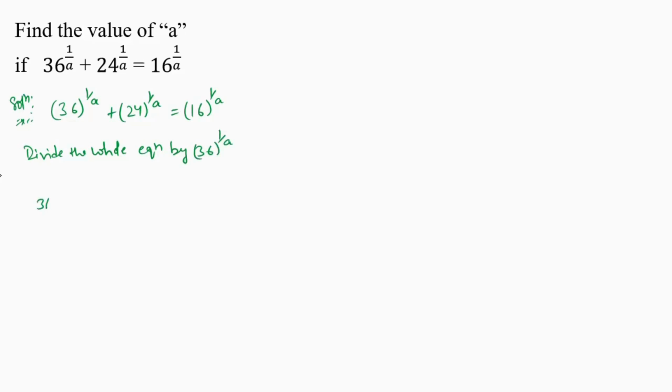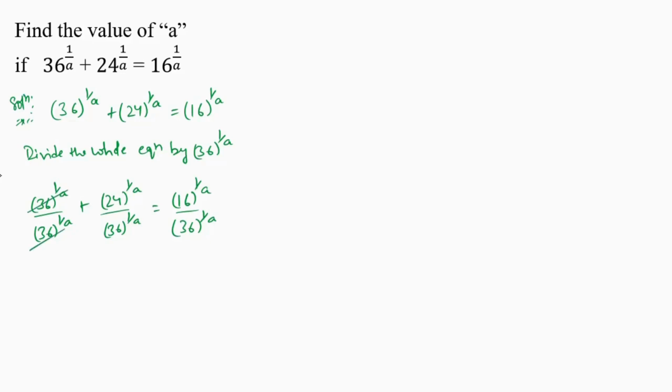So we get 36 raised to power 1 by a divided by 36 raised to power 1 by a plus 24 raised to power 1 by a divided by 36 raised to power 1 by a equals 16 raised to power 1 by a divided by 36 raised to power 1 by a.